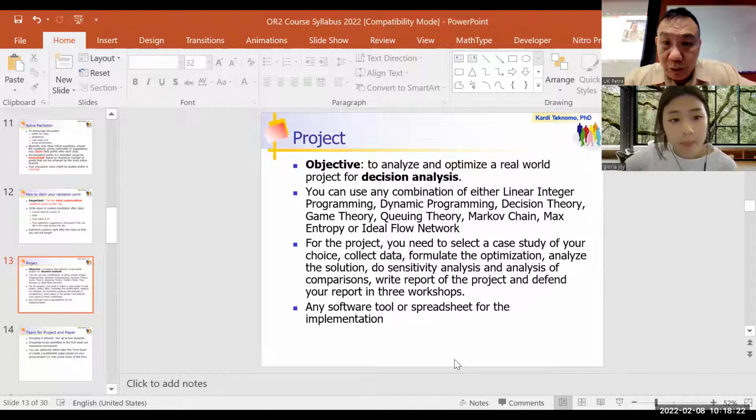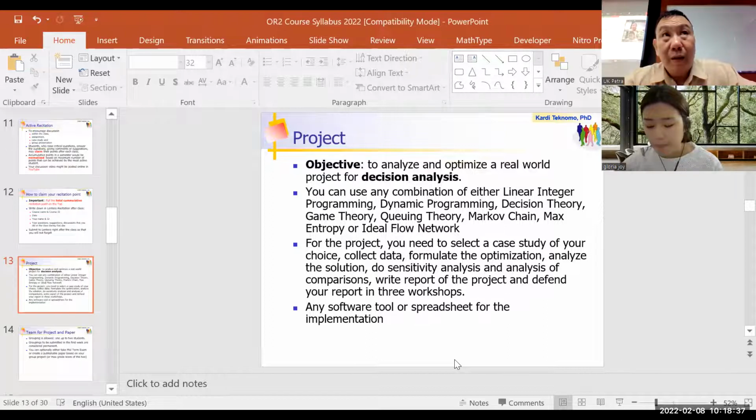Now for the project. Okay, well, the project is to analyze and to optimize a real problem. So you can decide on your own what project you want to do for this. The purpose is decision analysis. That means you should be able to gather some data, okay, from any company or from any organization. That is fine.